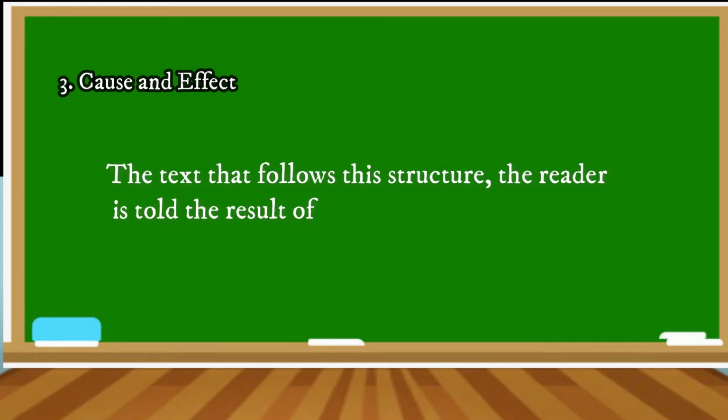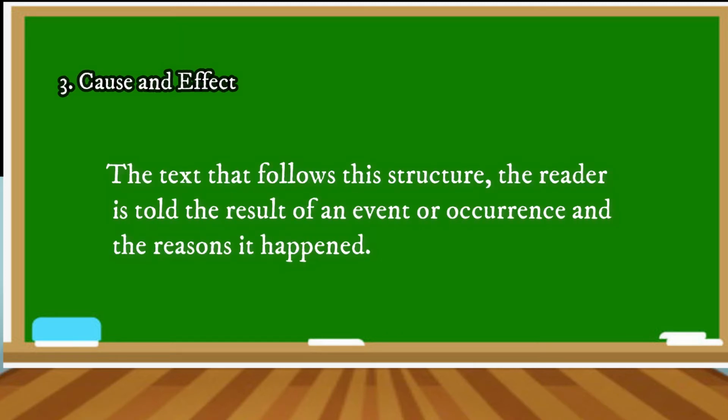Number 3, cause and effect. In this structure, the reader is told the result of an event or occurrence and the reasons it happened.